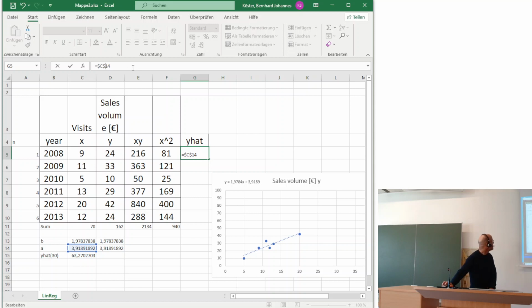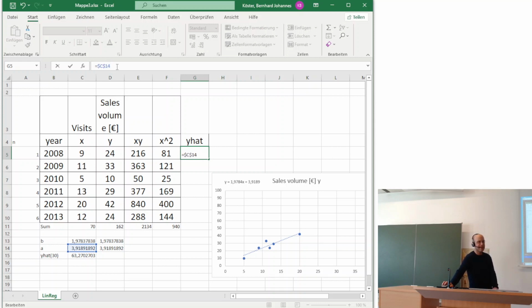I don't know if this works now. Yeah, if you are pressing F4 again, then you see that the dollar signs in front of the number and the letter vanish, and again then both dollar signs vanish, and then with another F4, both dollar signs are again there.